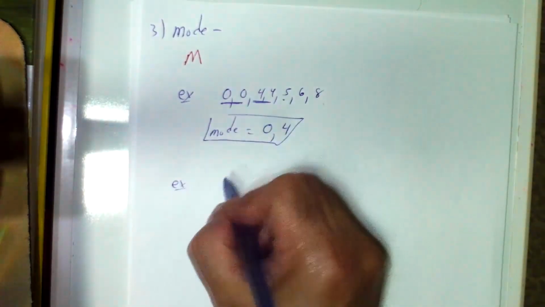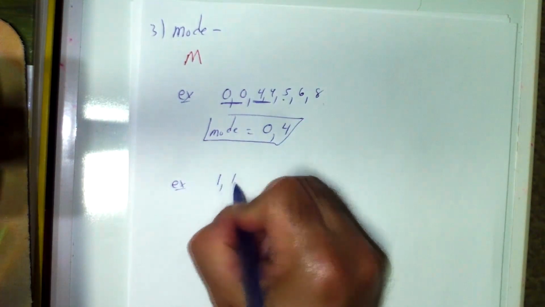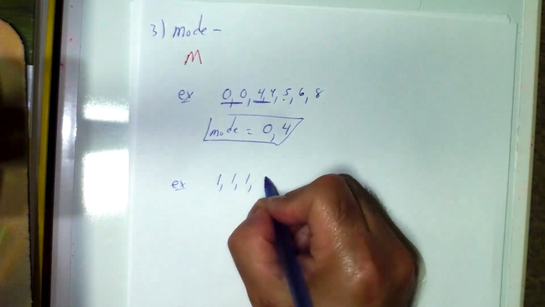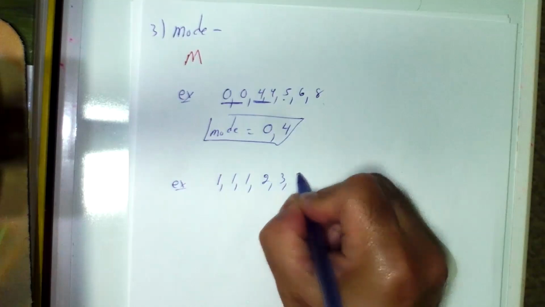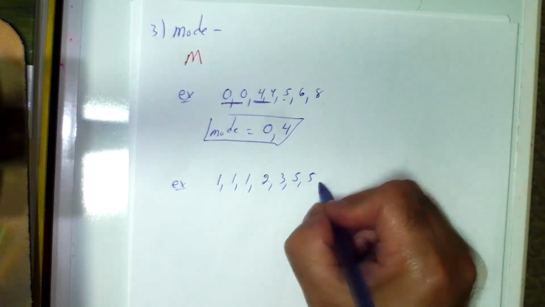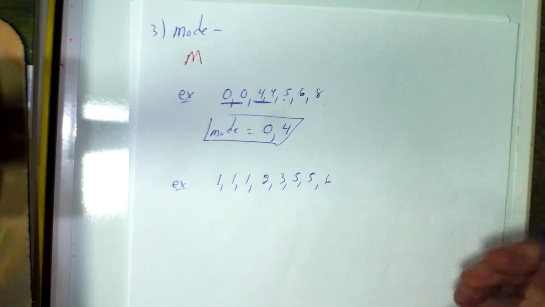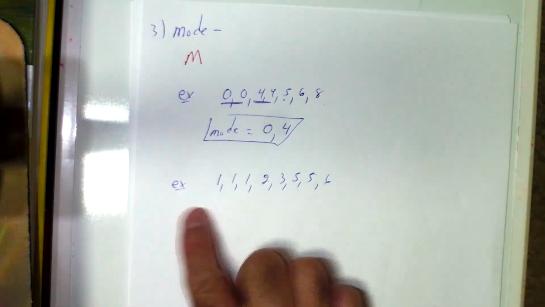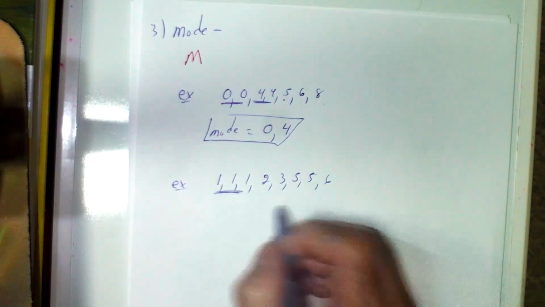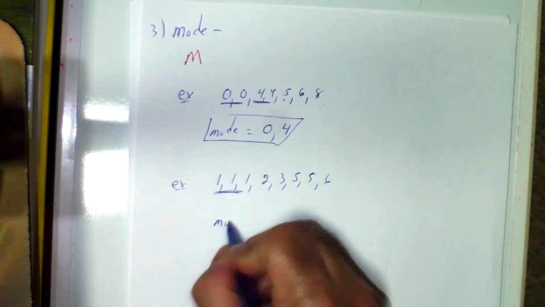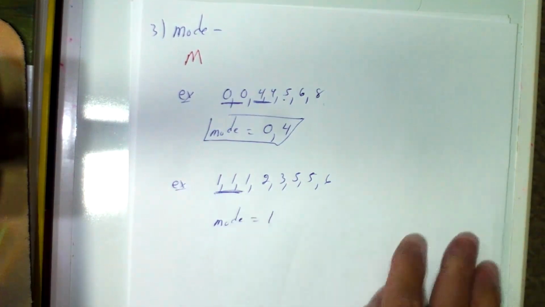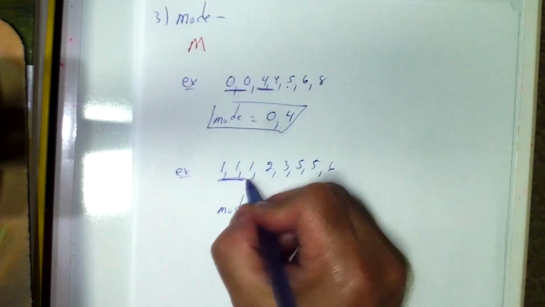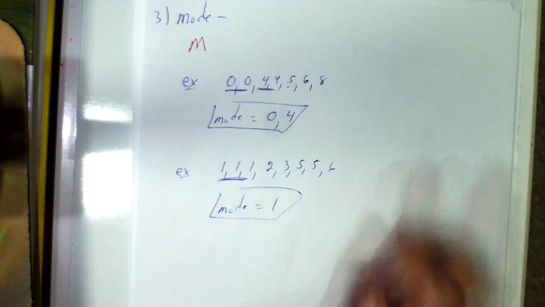Another example, suppose that you had 1, 1, 1, 2, 3, 5, 5, 6, right? So which number appears more often than the others? The ones. So your mode would equal 1. That value appears more often than the others.